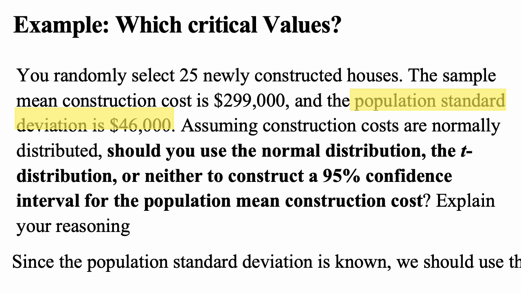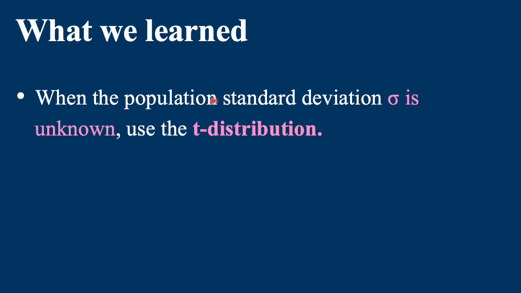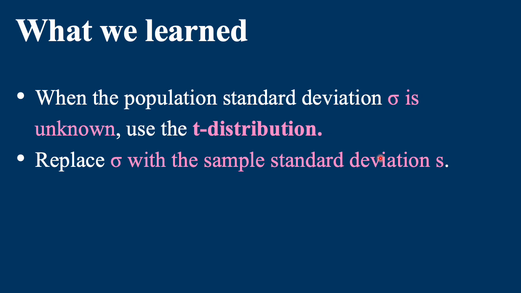Guys, understand that? What did you learn in this session? We learn if we don't know the population standard deviation, we have to use the t distribution. When you use the t distribution, you have to find degree of freedom. Don't forget to find degree of freedom.